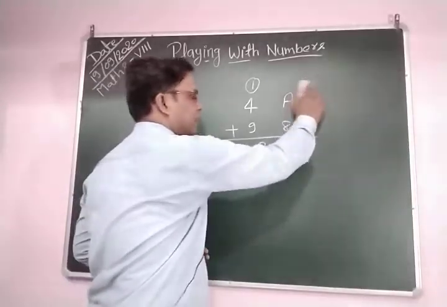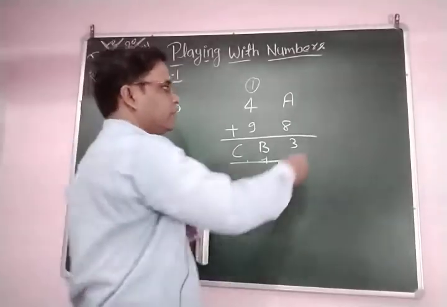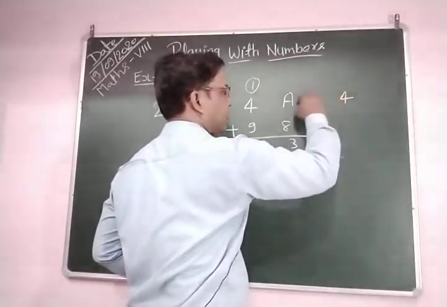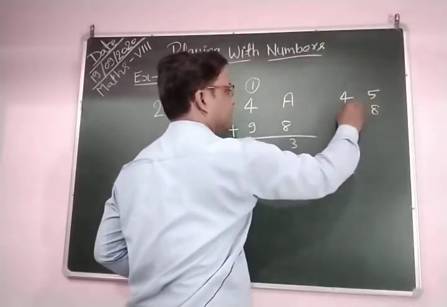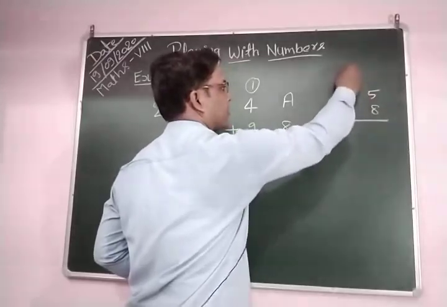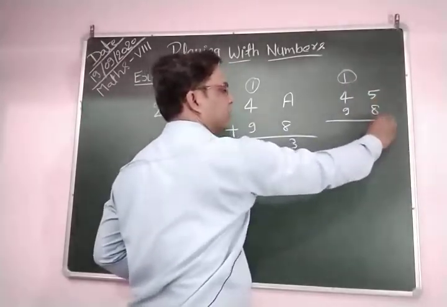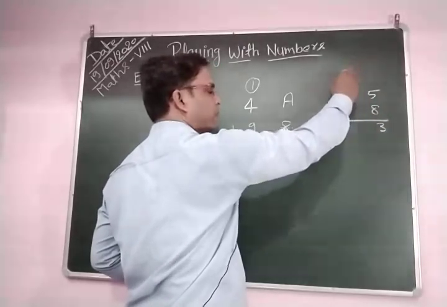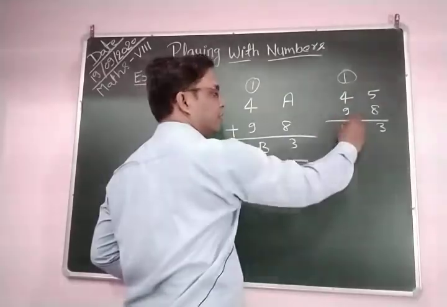We can write it in its original form. So here we find this is 4, this is 8, we find 5, and this is 8, this is 9, and here we find carry 1. So 5 plus 8, this is equal to 13, carry 1, 4 plus 1 plus 4, 5, 5 plus 9, this is equal to 14.